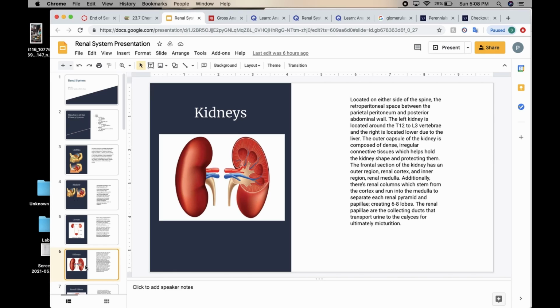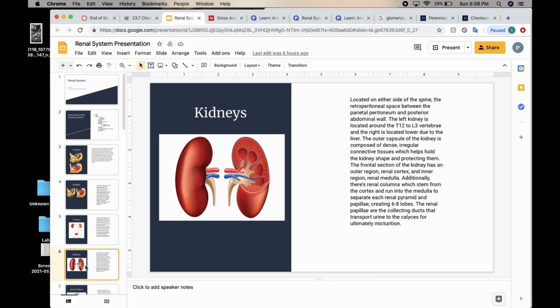The frontal section of the kidney has an outer region, the renal cortex, and an inner region called the renal medulla. From the renal cortex stem the renal columns. Each column runs into the medulla, separating each renal pyramid and papillae, creating 6 lobes. These papillae are collecting ducts that transport urine to the calyces for ultimate micturition.